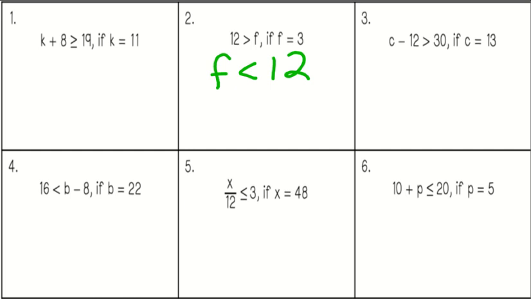I could have 11.9999999. That's less than 12, right? I could have negative 365 billion. That's less than 12, isn't it? Everybody see what I'm saying? Any one of these, there's an infinite amount of possibilities to answer it. It just has to be true in that it's less than 12. Everybody clear on that? So there's not just one answer for any of these.